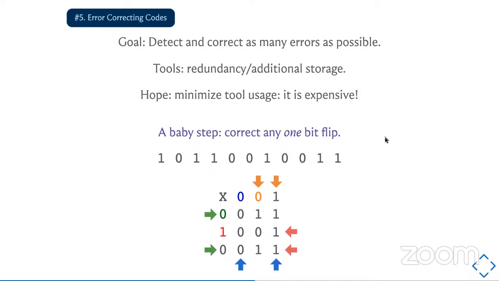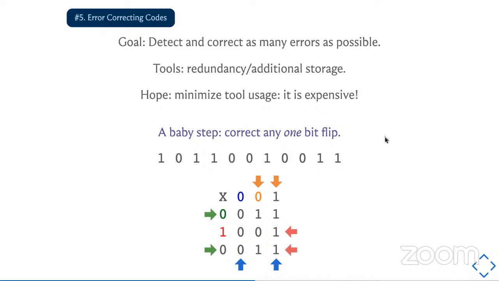Similarly, the blue bit is set to ensure that the number of ones in the second and the fourth columns is even. The green bit is set so as to ensure that the total number of ones in the second row and the fourth row is even, and the red bit is set to ensure that the total number of ones in the last two rows is even. That's how these bits were set.